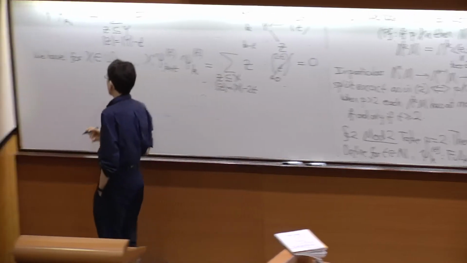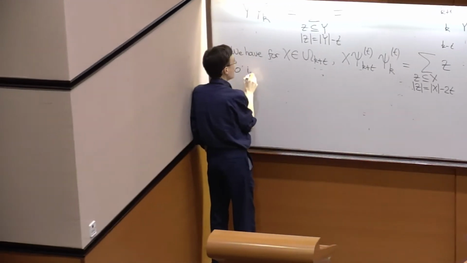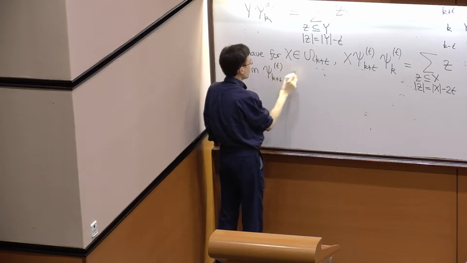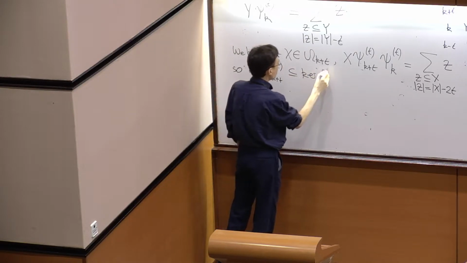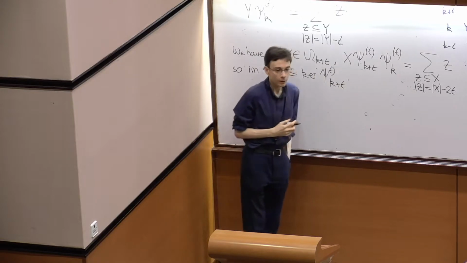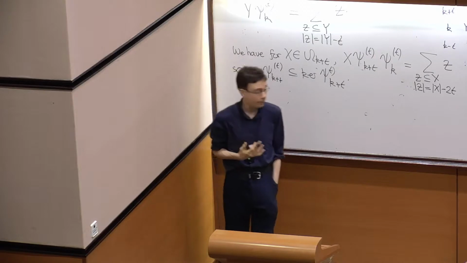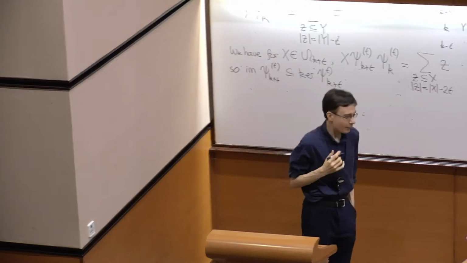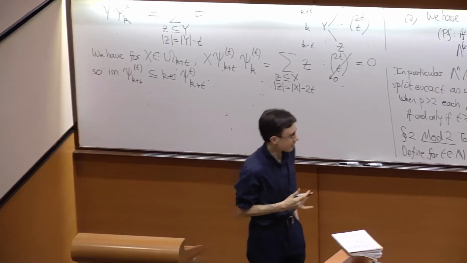So again, we have that the image is contained in the kernel, which means we can define homology groups, and it's very natural to ask when these are non-zero. By the way, it's great fun. It's a bit like the Gauss schoolmaster exercise.